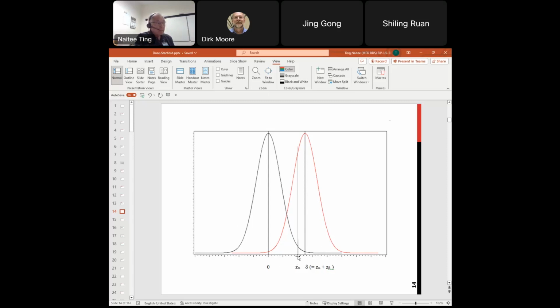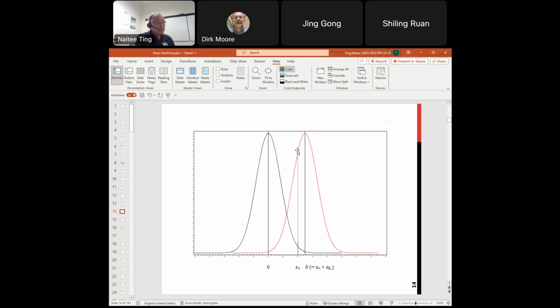And so under null, to the right of Z alpha is alpha. So 0.025. Now, to the left of this line, this part of the probability under alternative, this is beta, right? So under null, from this point to the right is alpha.